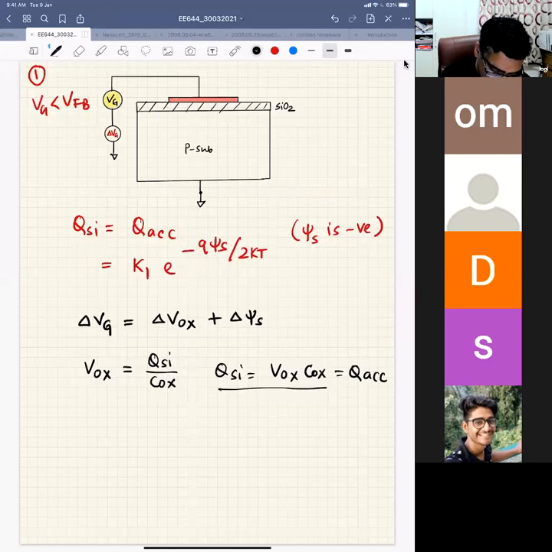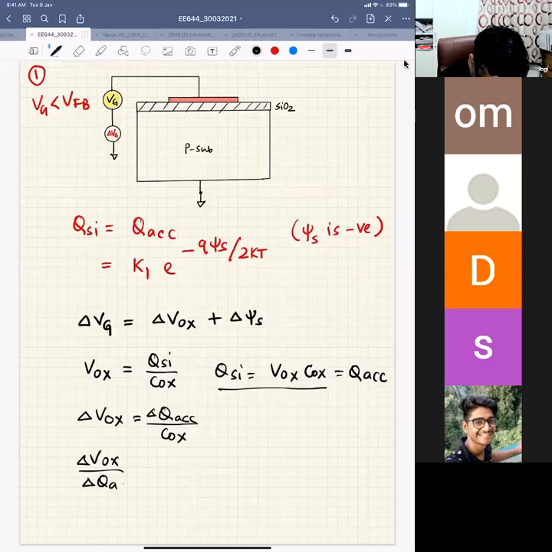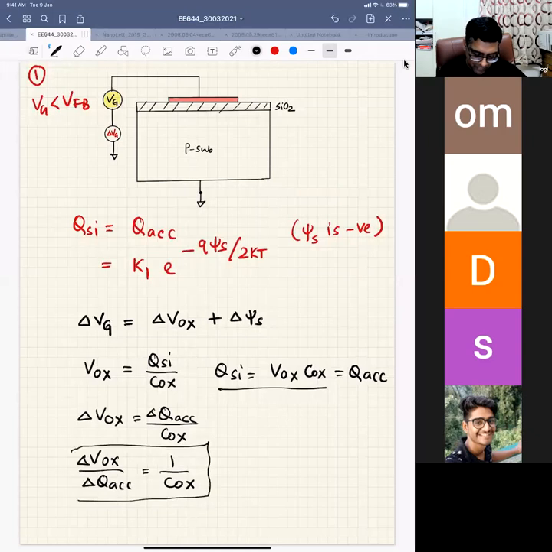Similarly, your delta Vox will be delta Q accumulation divided by Cox, right? So delta Vox by delta Q accumulation will be nothing but 1 by Cox, right?